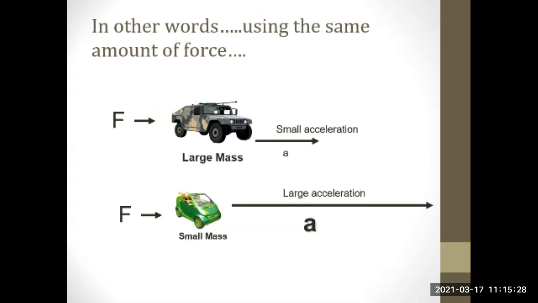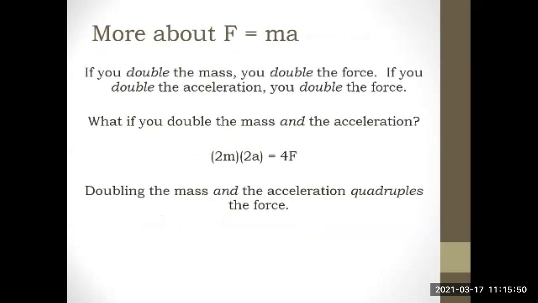So with this example, we can conclude that when there is a large mass, the force applied will get a small acceleration. And when it is a small mass and the same amount of force we apply on it, it will get a large acceleration.